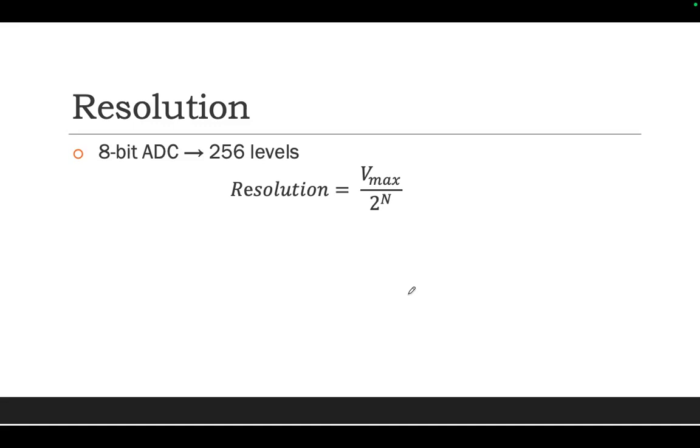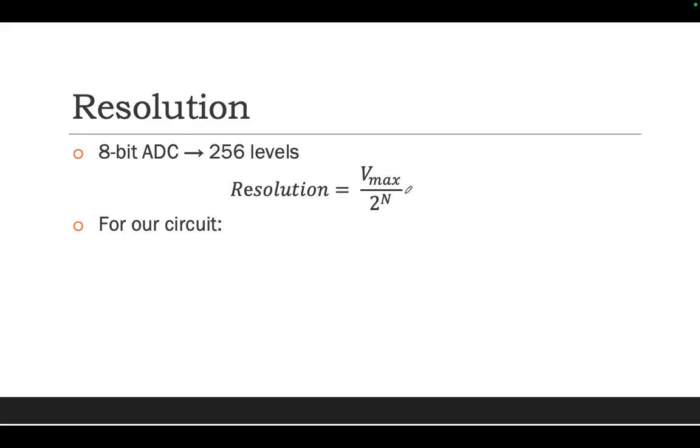An ADC converter can represent the resolution equal to V max divided by 2 to the power n. This n is just here. For this chip, it is 8. Am I right? So the resolution for our circuit, what is it? Do you know?